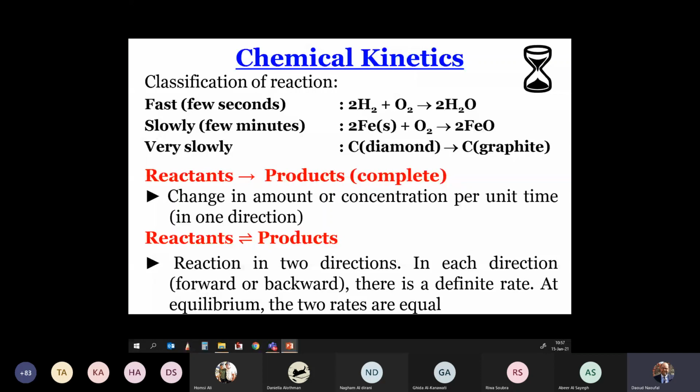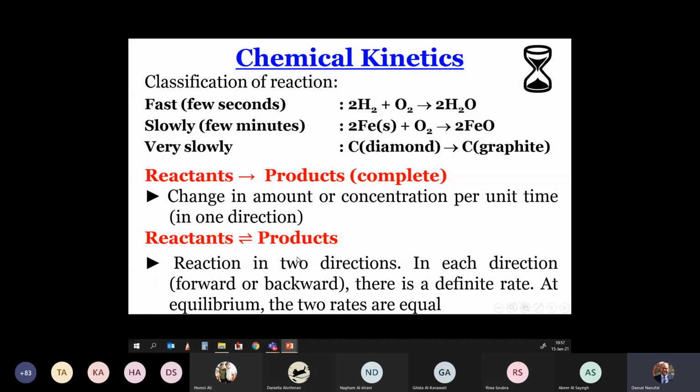So this reaction will proceed in the two directions, but the rate in direction 1 is equal to the rate in direction 2. We cannot observe a change in the concentration of reactants and products at equilibrium. So the concentrations of the reactants and the products at equilibrium are constant.